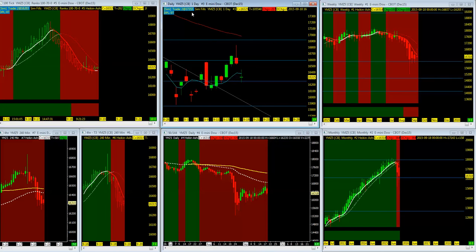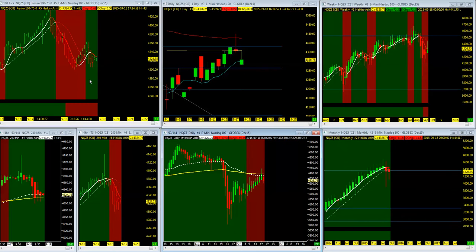NQ, looking at the T3 moving averages, a little bit of contrast here as the T3 moving averages have crossed on the 5.34, but even though price action is underneath, the T3 moving averages haven't crossed down like you see here prior. That's right, here you see the T3 moving average downside, thus the red colored background there.